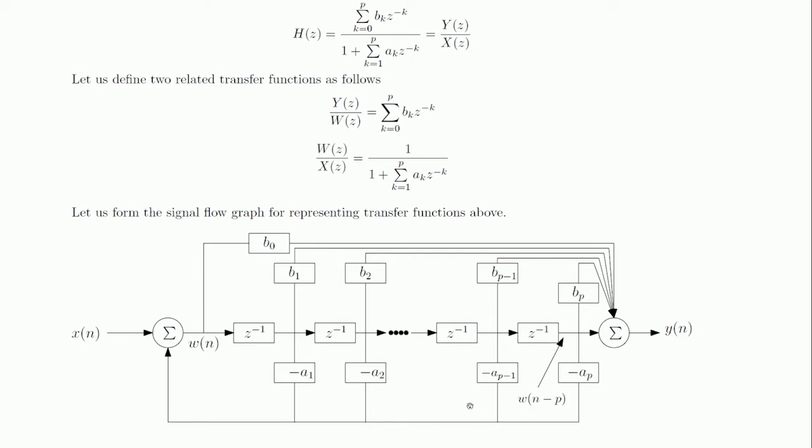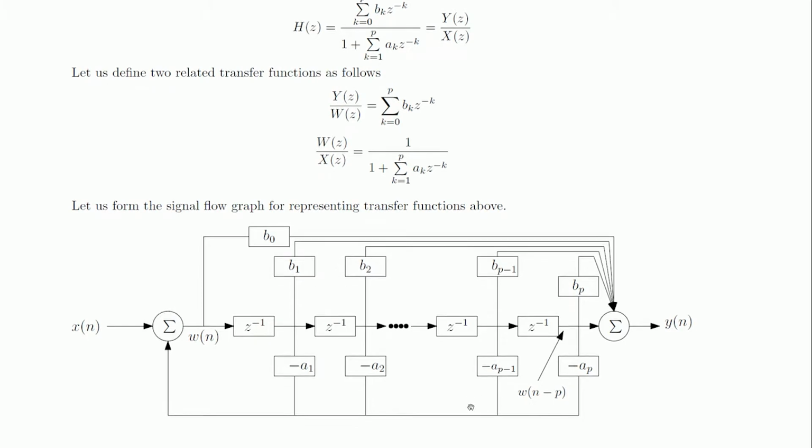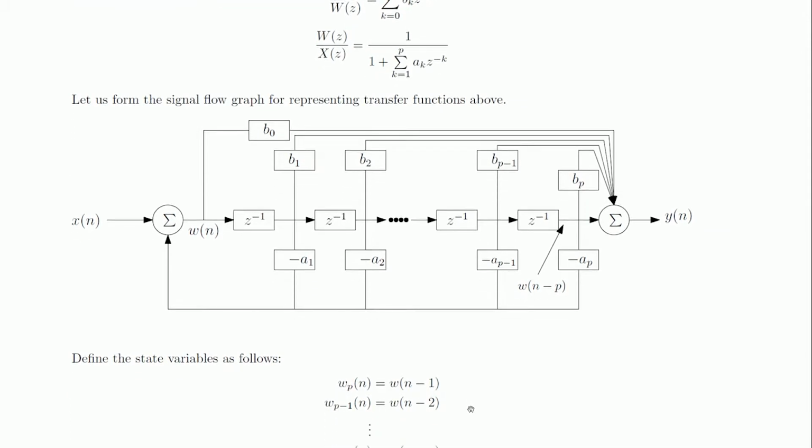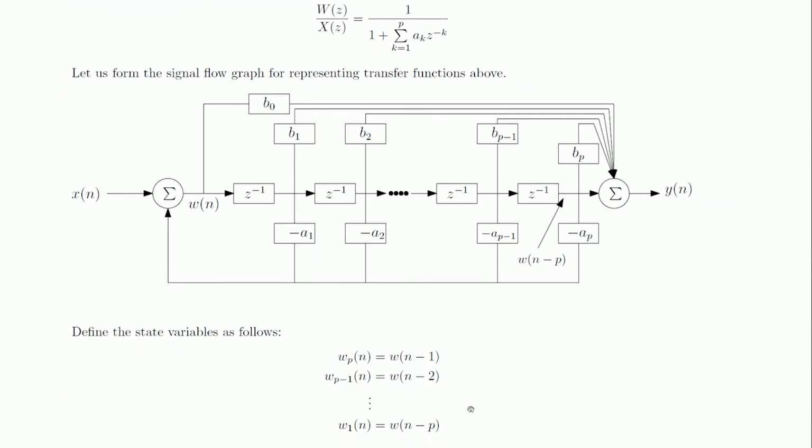Now, what we need to do is to formulate the state variables. So, the first observation that you need to make is the following. You have the signal w of n here at the output of the summer, and after p such delay elements this signal here is w of n minus p, right. This is straightforward. Now, let us start formulating the state variables.